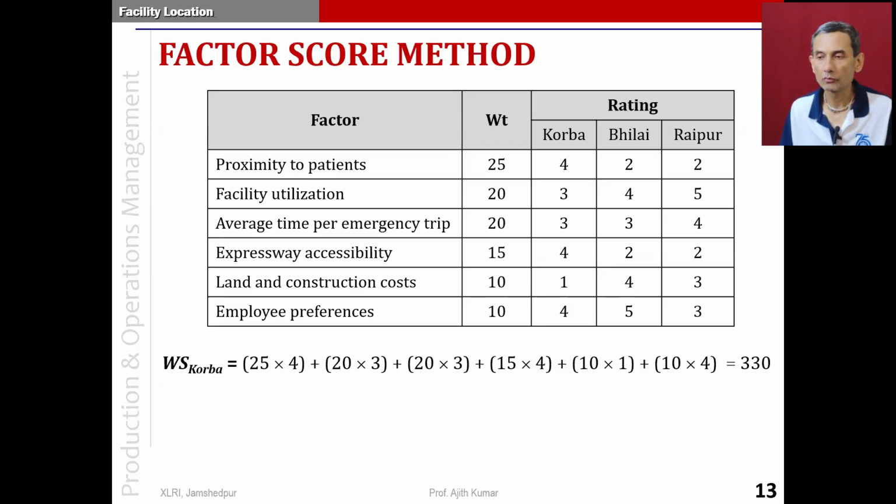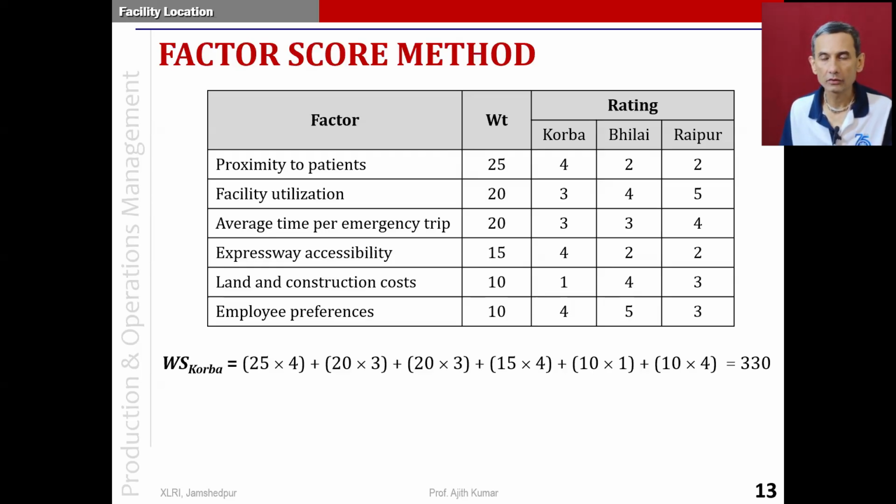So for Korba, the score would be 25 into 4 plus 20 into 3 plus 20 into 3 plus 15 into 4 plus 10 into 1 plus 10 into 4. So we have taken the weight given to each factor and multiplied it by the score obtained by Korba on that factor, and then added up the product terms along all the factors.